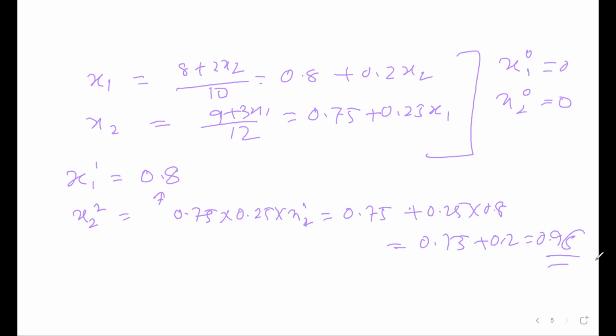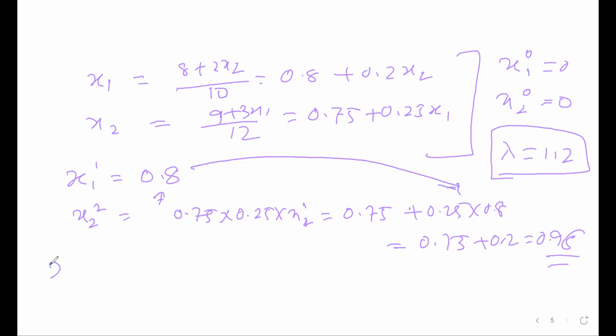But if we want to use our accelerating factor here, then what will happen? Consider that the lambda value is equal to 1.2. Then, without directly using the x2 value here, you have to use a new x1 value.